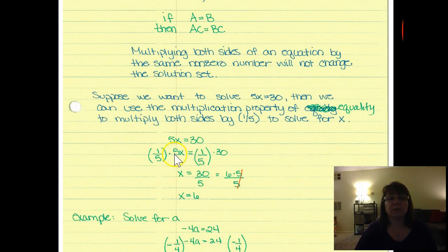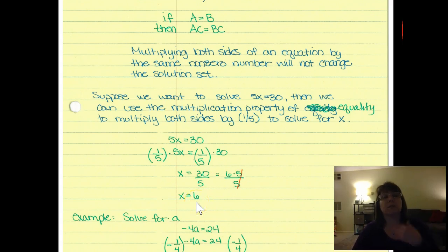Well, 1/5 times 5 is just 1x, which is great because we just want to solve for x, so now we have x isolated, equals 30 over 5. 30 over 5 we can reduce to 6, so x equals 6.